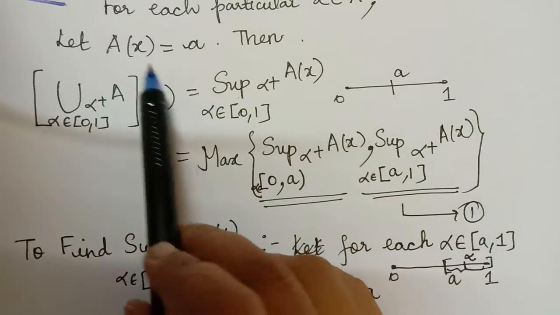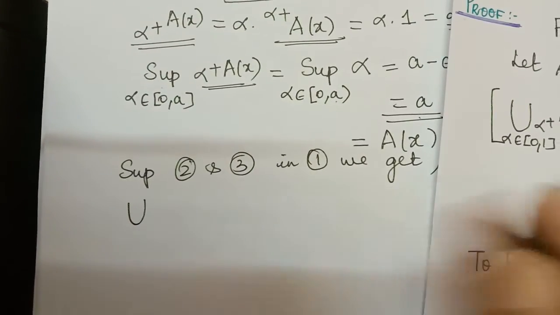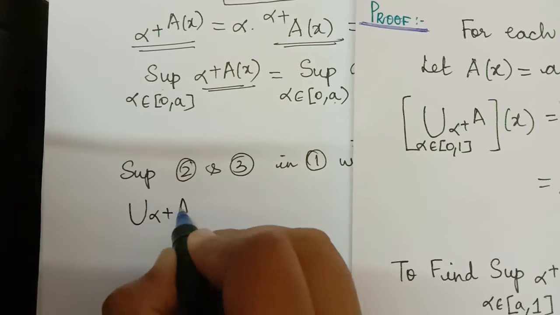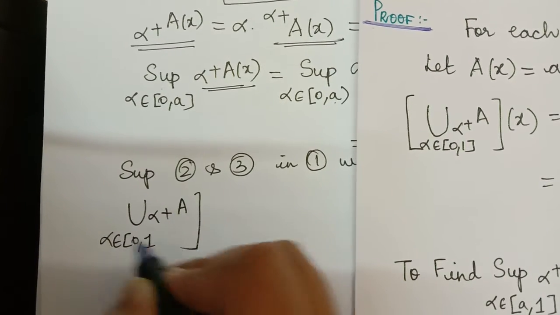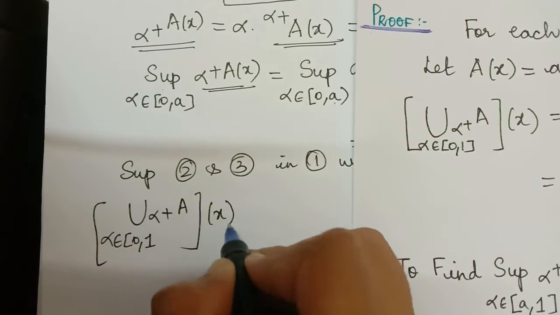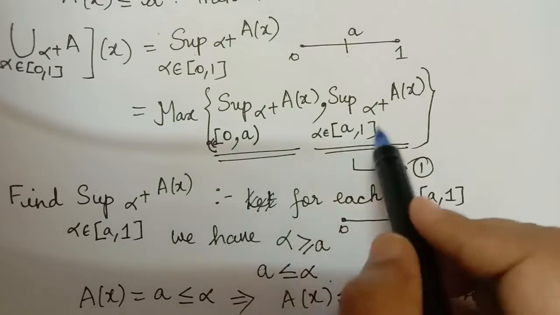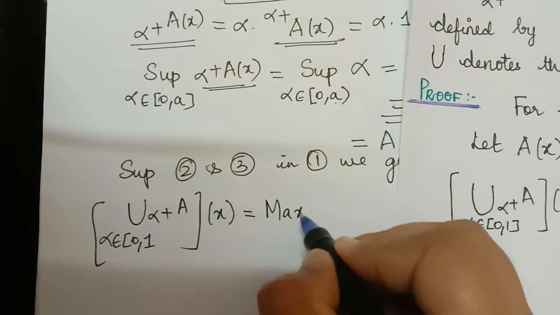Therefore the union over alpha an element of closed interval 0 comma 1 of x is equal to the maximum of these two.